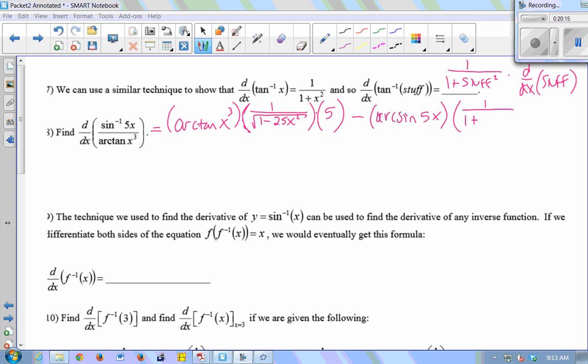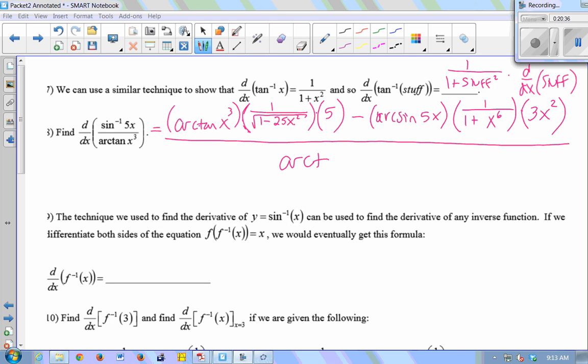So when I square x cubed, what do I get? X to the 6th. So that's 1 over 1 plus my stuff squared times the derivative of the stuff. What's the derivative of x cubed? 3x squared. All over the denominator squared.